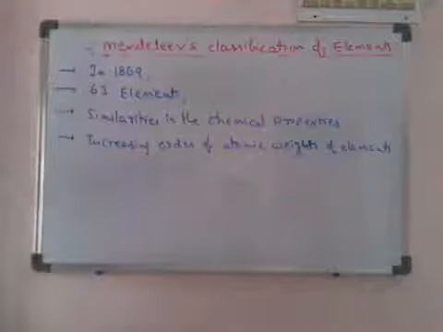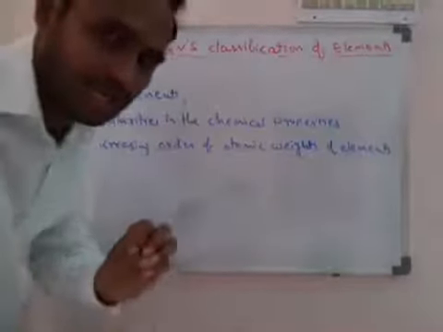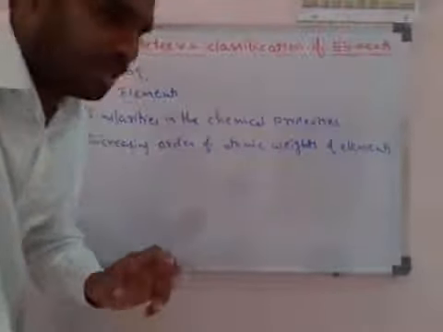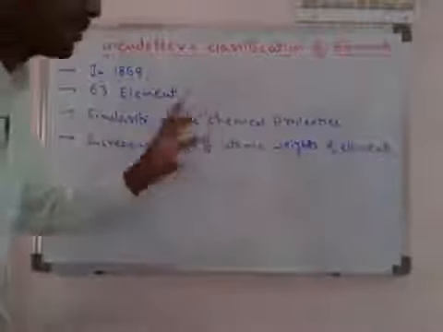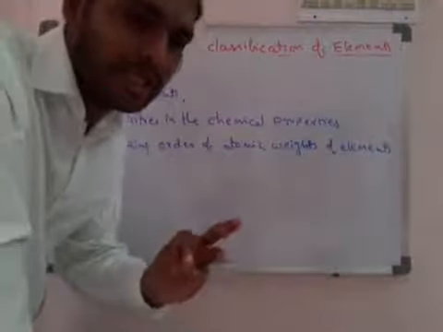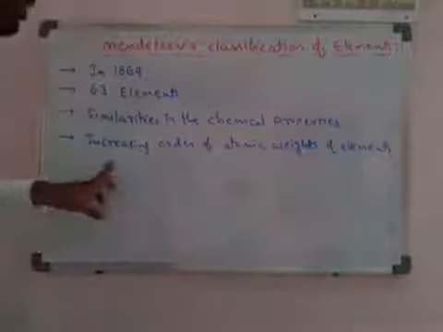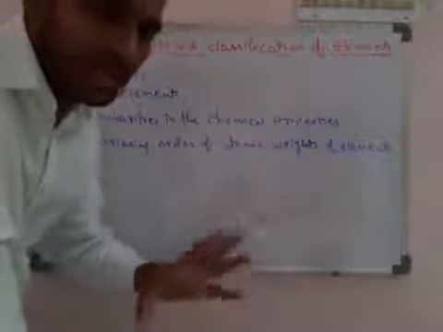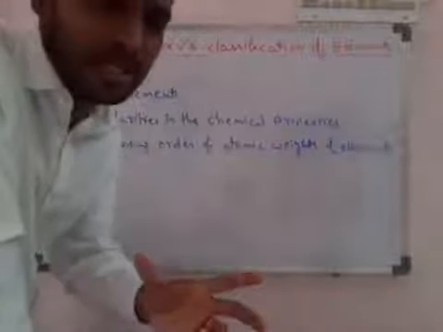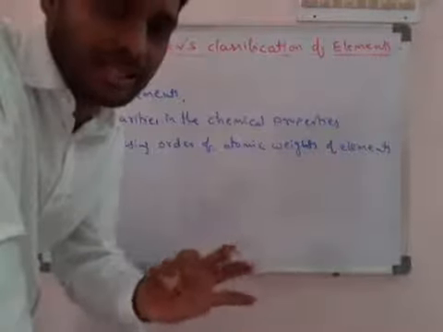So these are just the basic points he followed in his classification: the similarities in the chemical properties, with a main importance to the chemical properties of elements with respect to atomic weights. He compared chemical properties with atomic weights and gave his classification.